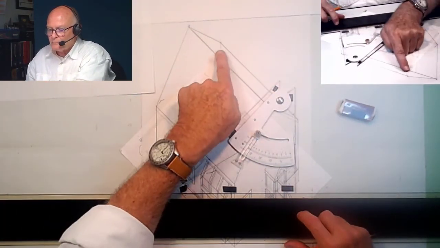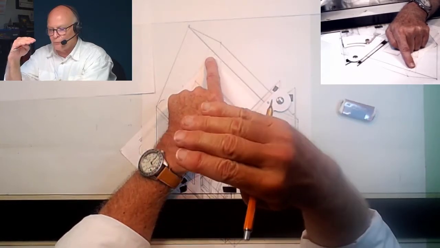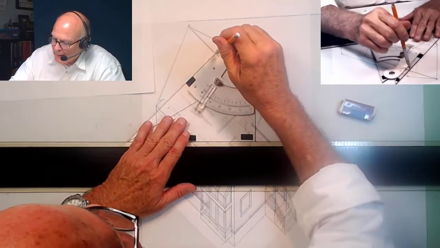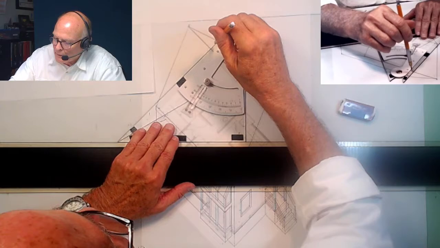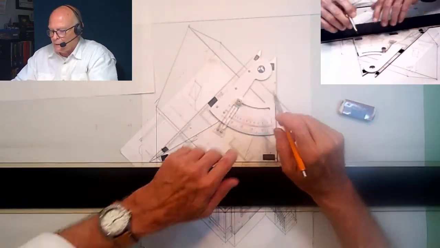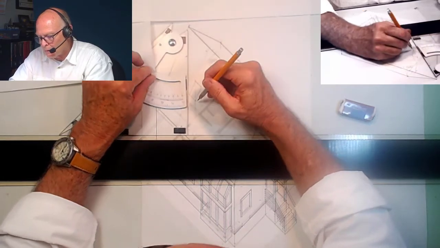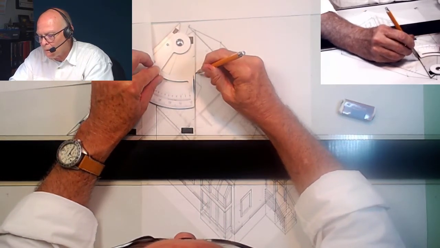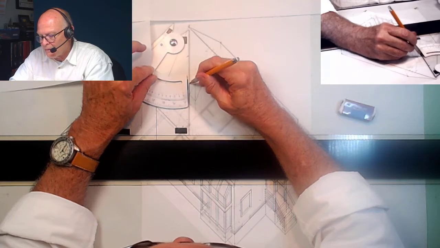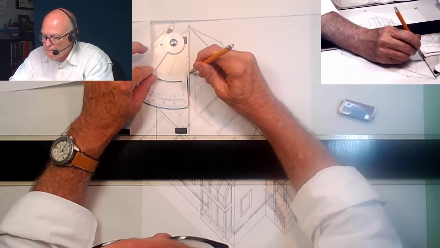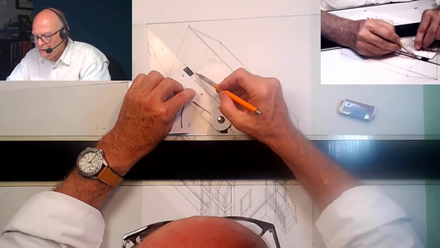So there's my roof line. If I extend it out, and I continue the fireplace up. That's even right there.